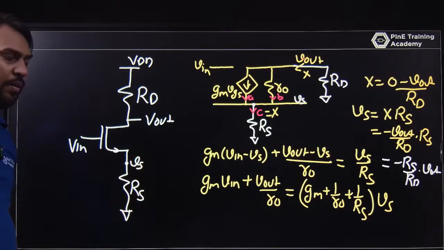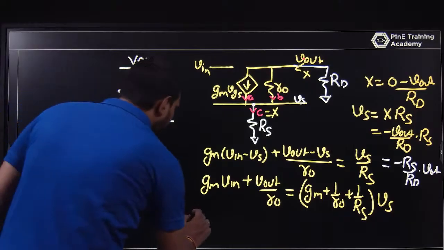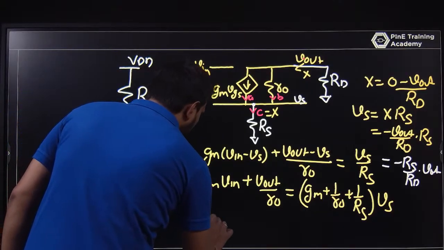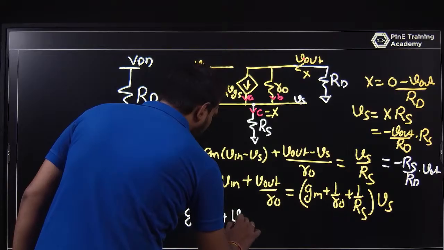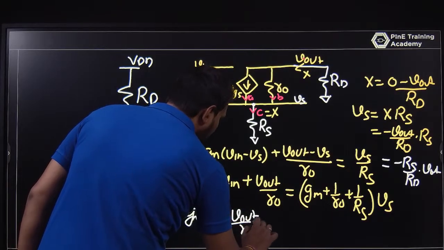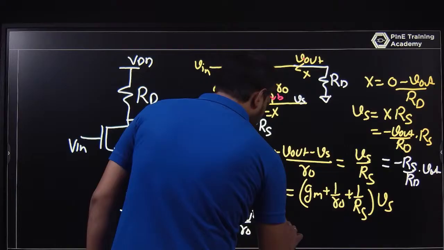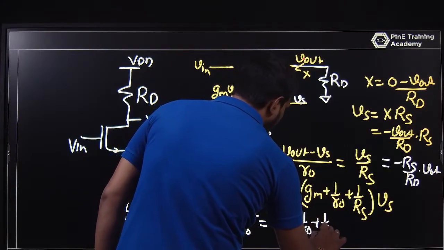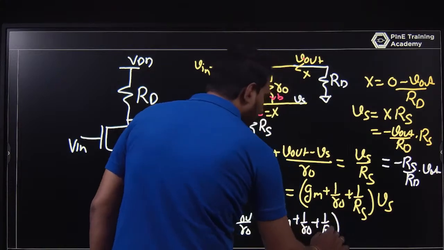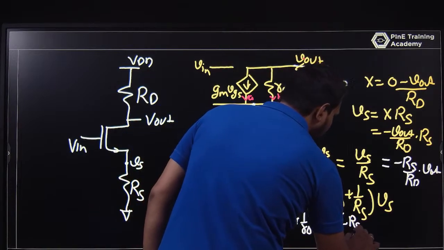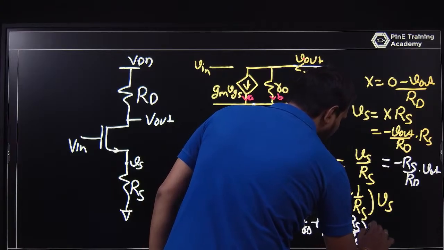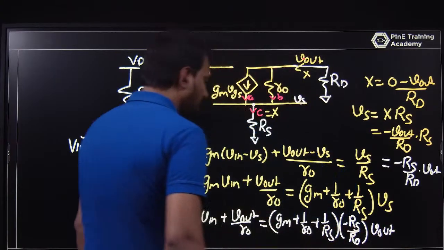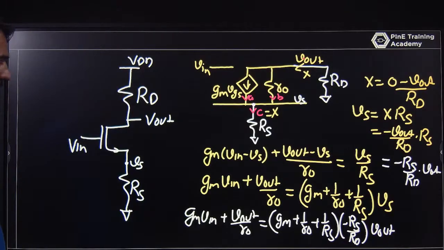So just put it here: minus Rs upon RD into V out in terms of Vs. So that is Gm V in plus V out upon R naught is equal to Gm plus 1 upon R naught plus 1 upon Rs, into minus Rs upon RD into V out. Yes, okay.